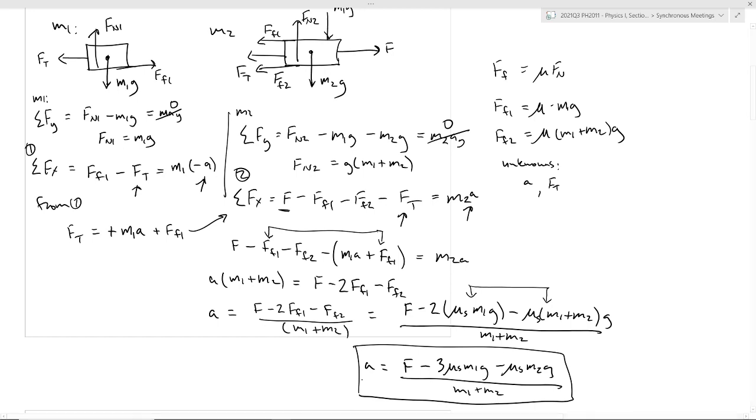And recall the first part of the question asked us what the applied force would have to be for this to accelerate. That's a way of saying that F would have to be larger than this stuff.